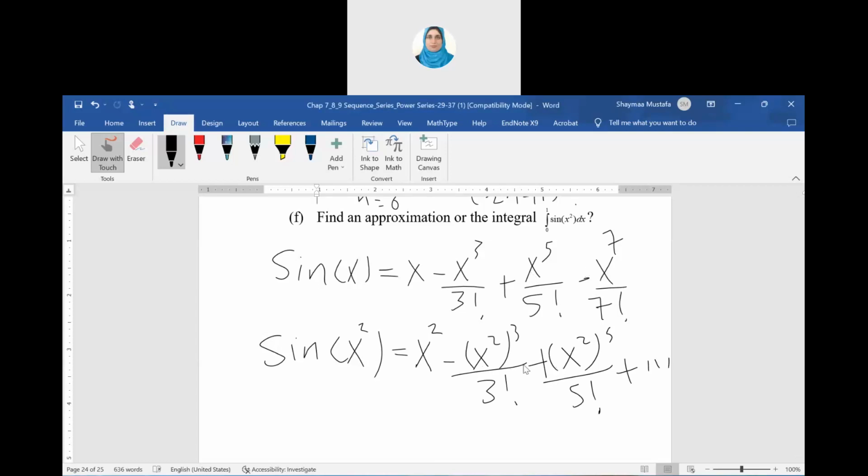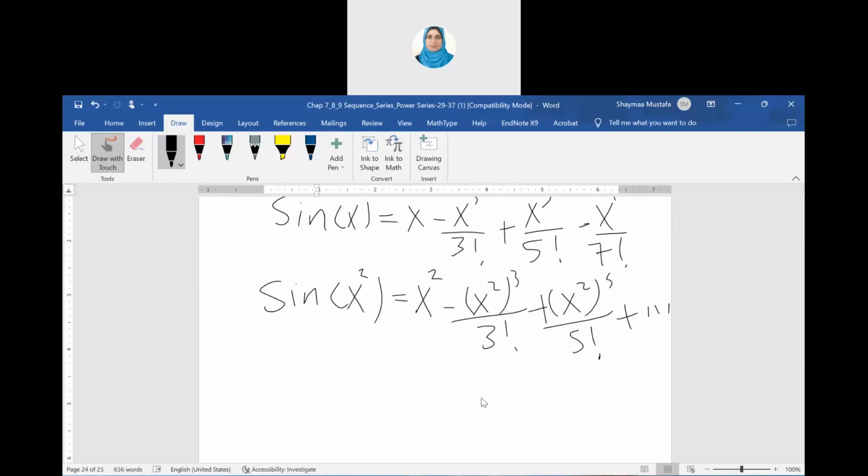So the Maclaurin series of sine x squared is equal to x squared minus x to the power 6 over 3 factorial plus x to the power 10 over 5 factorial, minus, if you calculate another term, x to the power 14 over 7 factorial.